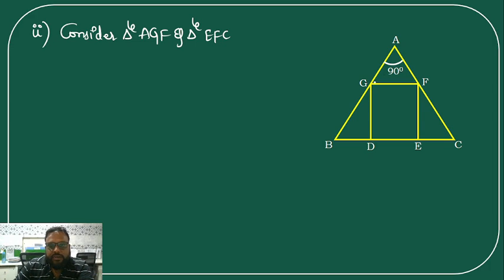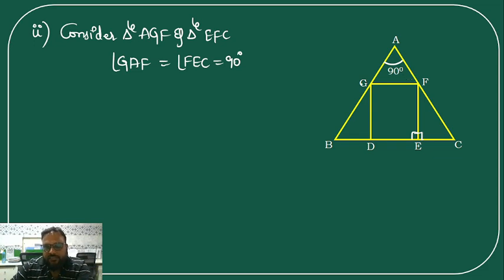If you check here, angle GAF is 90 degrees, and similarly angle FEC, that part is also 90 degrees. So angle GAF is equal to angle FEC equal to 90 degrees. One condition you got.